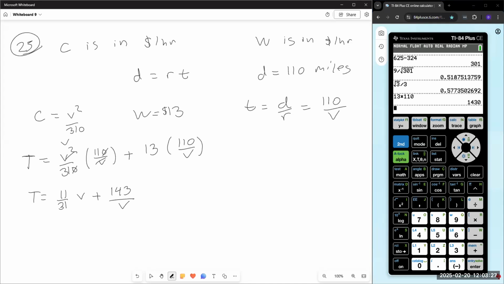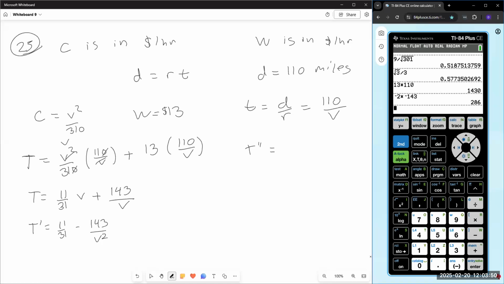And T prime is going to be 11 over 31 minus 1430 over V squared. Now T double prime, just to ensure that I'm getting a minimum total cost, is going to be negative 2 times negative 1430, which is 2860 over V cubed.